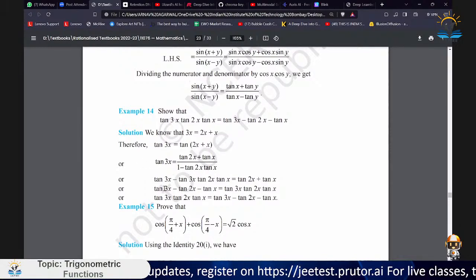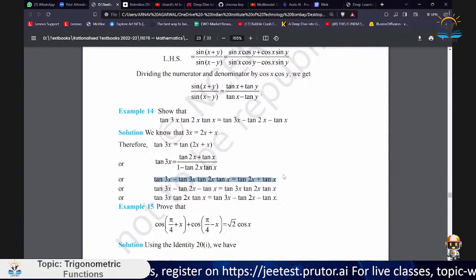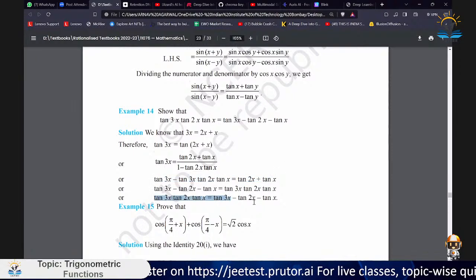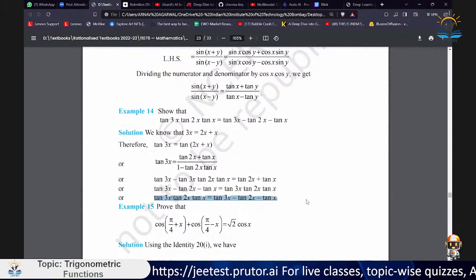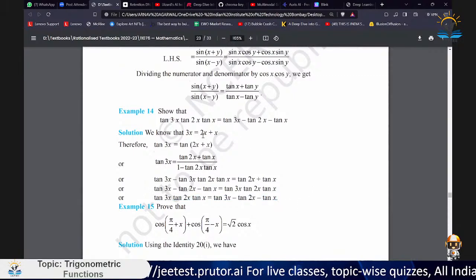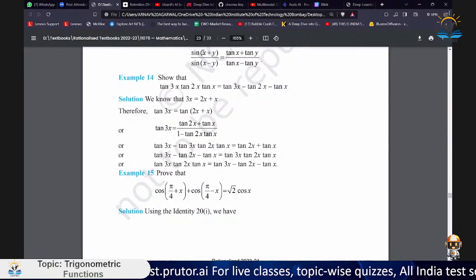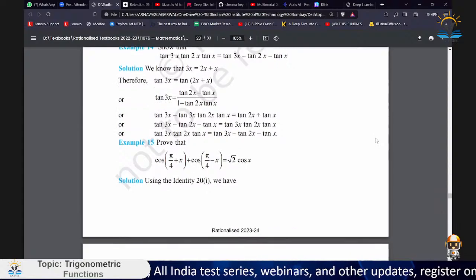When we cross multiply, we get this equation, which can be written in this form. So yeah, it was pretty easy, and you should remember this. Sometimes we can be given this as: what is the value of tan 135 minus tan 96 minus tan 64 minus tan 32, right? So it's just the multiplication of these three values. That's it.